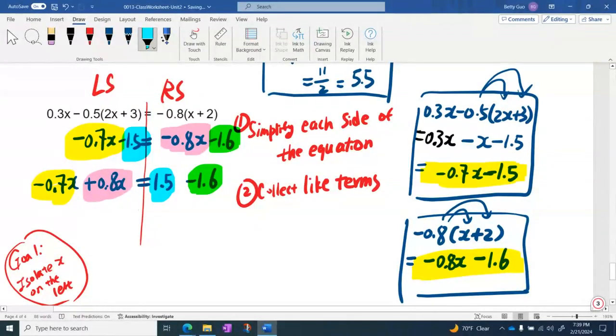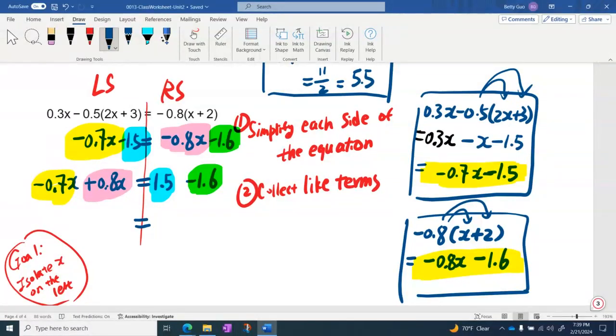Yeah. So yellow keep on the left side, green keep on the right side, pink is moved to the left, so negative become positive. Blue go from left to the right, so negative become positive. Okay. I want you at least to see what's going on here. All right, at least see it.